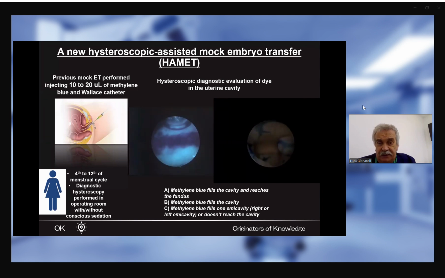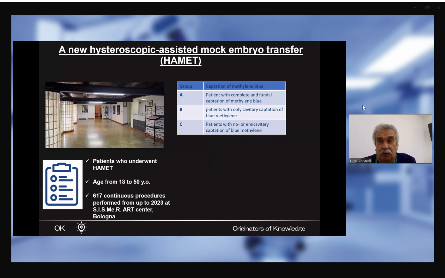He divided the patients into 3 groups: those with methylene blue that fills the cavity and reaches the fundus, methylene blue that fills the cavity, and methylene blue that fills only a part of the cavity or doesn't fill it at all. All the transfers were considered easy to perform.